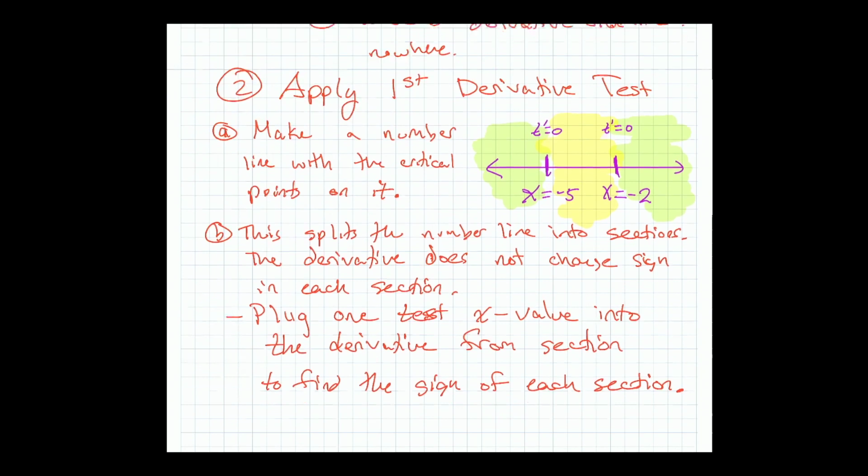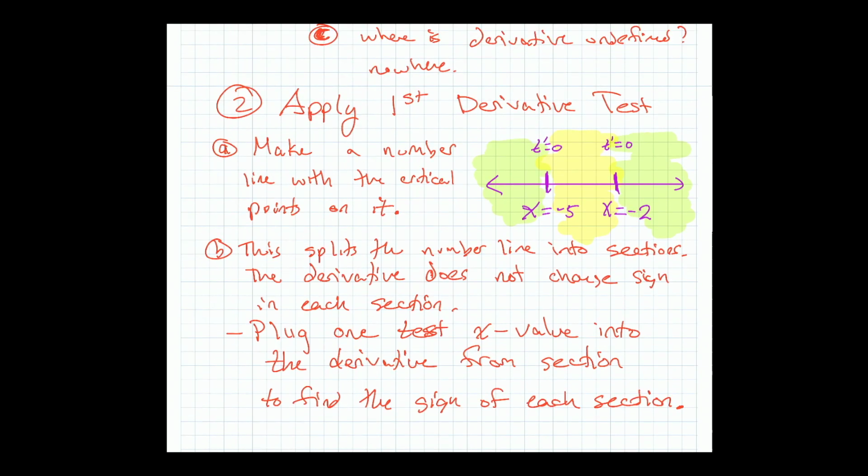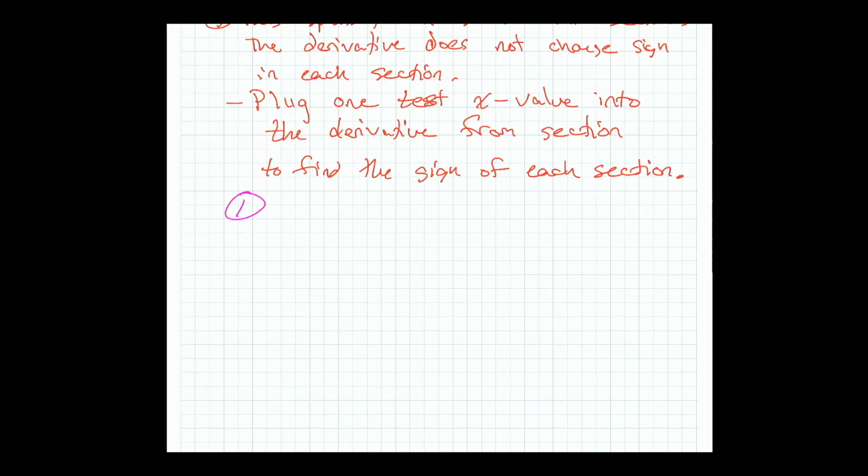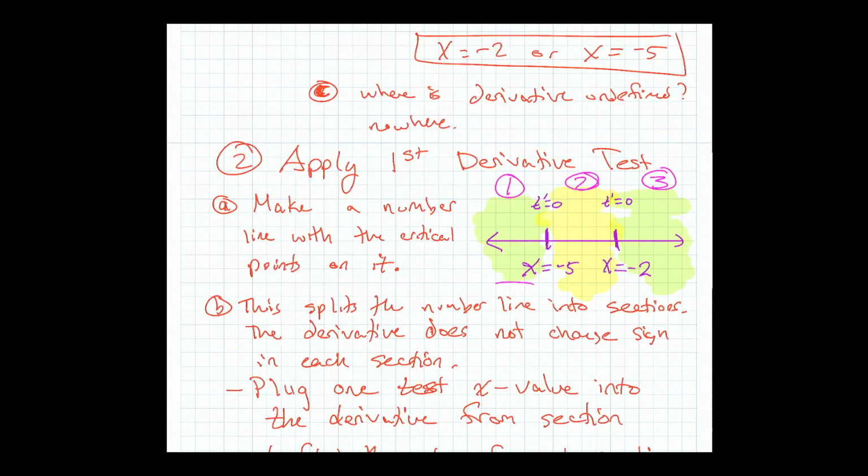So if I label the sections here as, let's say, 1, 2, 3, then I need one x value from section 1. What x value am I going to use? It could be anything in this section, so anything to the left of -5.